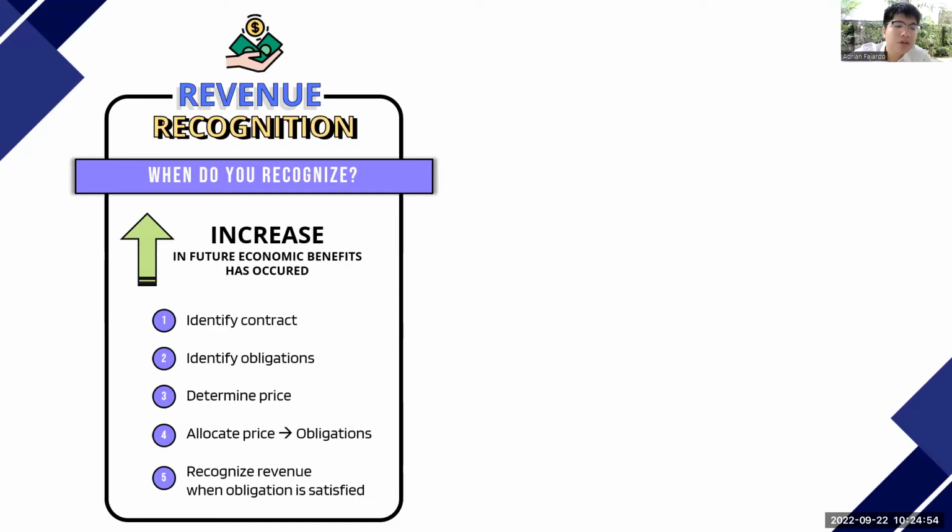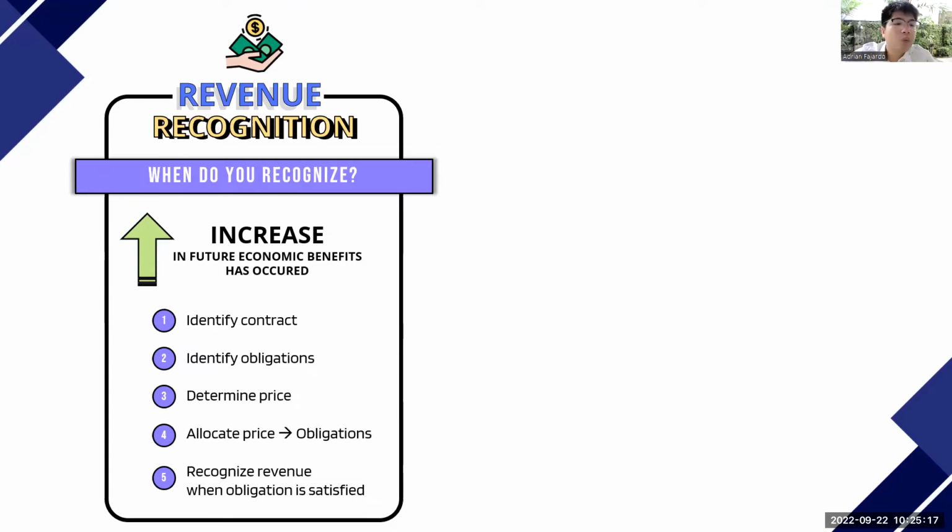So, in essence, medyo complicated na yan, but it still goes back to one thing: you recognize revenue when there is an increase in future economic benefits. We'll take a closer look at this later in the future examples when we actually go into adjusting entries.